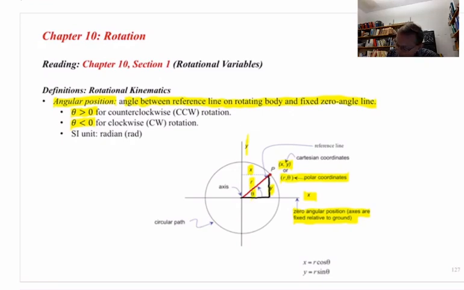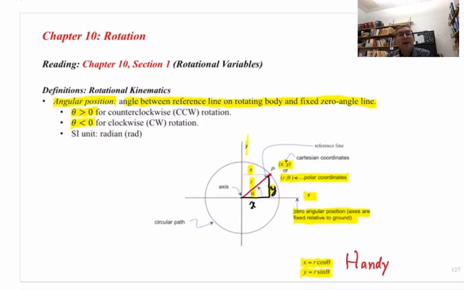One leg is x, the other leg is y, the hypotenuse is r, and that angle is theta. So from trig, x equals r cosine theta, and y equals r sine theta. That's handy to remember for relating Cartesian and polar coordinates.